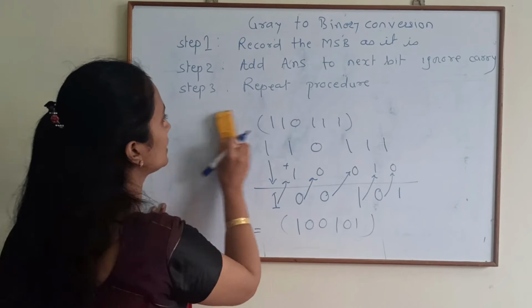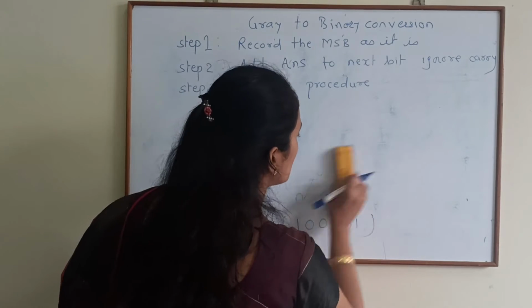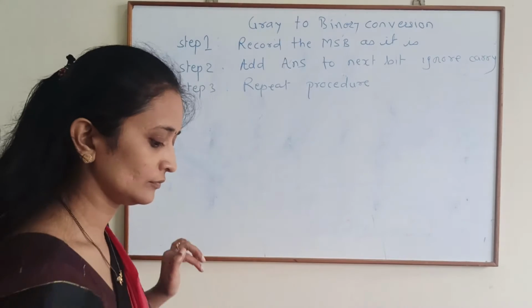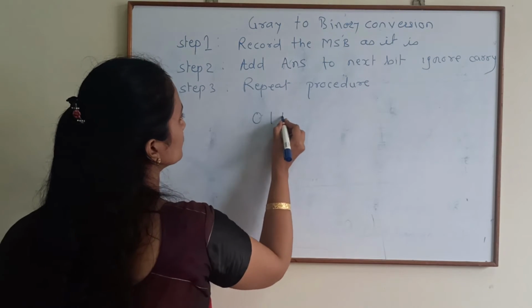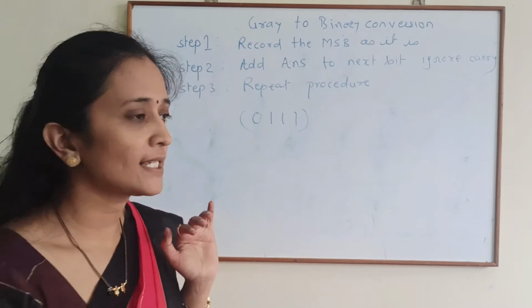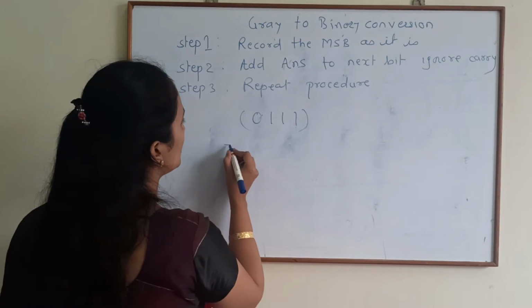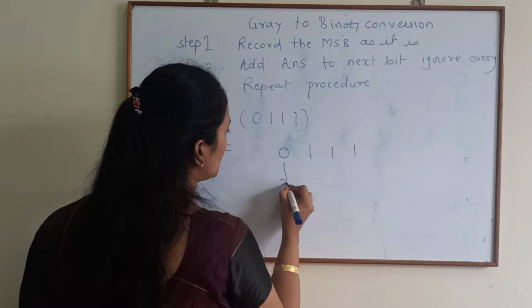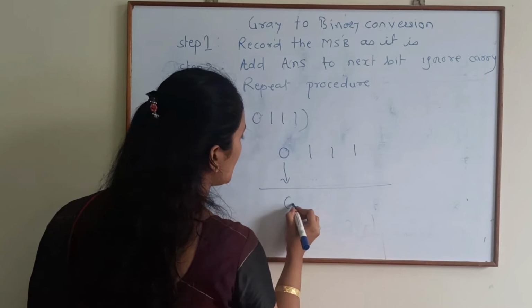One more example we will take, so you will understand clearly. This gray number we will convert into its binary equivalent. Take down that number 0111. Record MSB as it is.